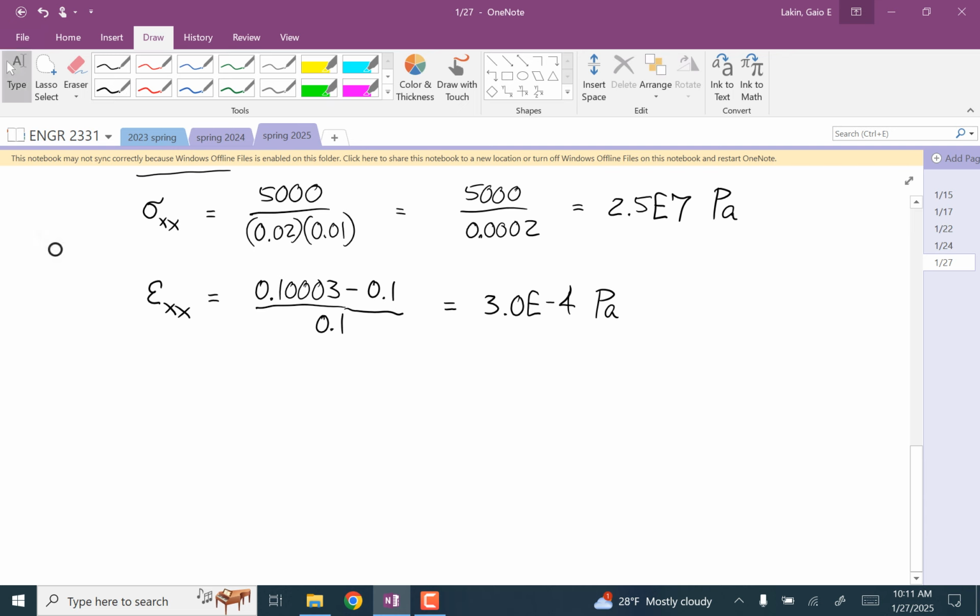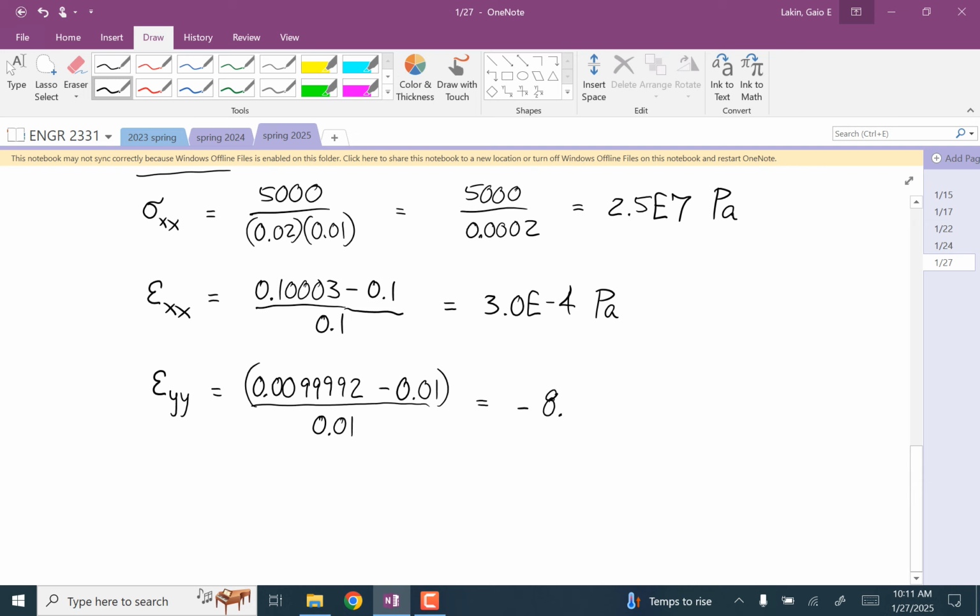And then let's calculate strain YY. That is equal to 0.00992 minus 0.01, divided by 0.01, and you get negative 8.0 times 10 to the minus 5.